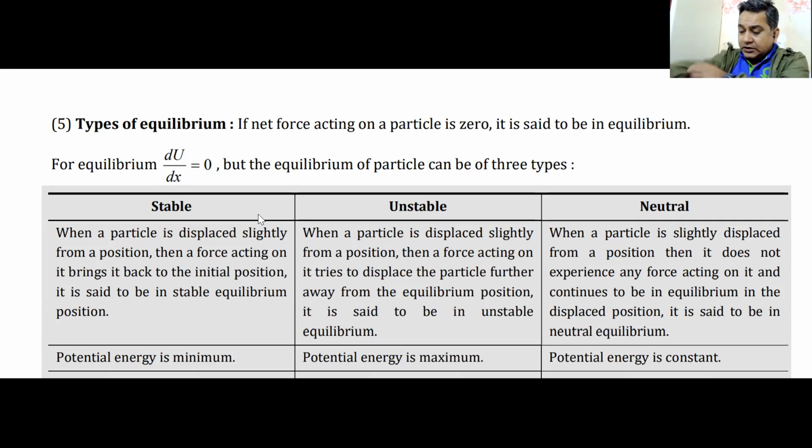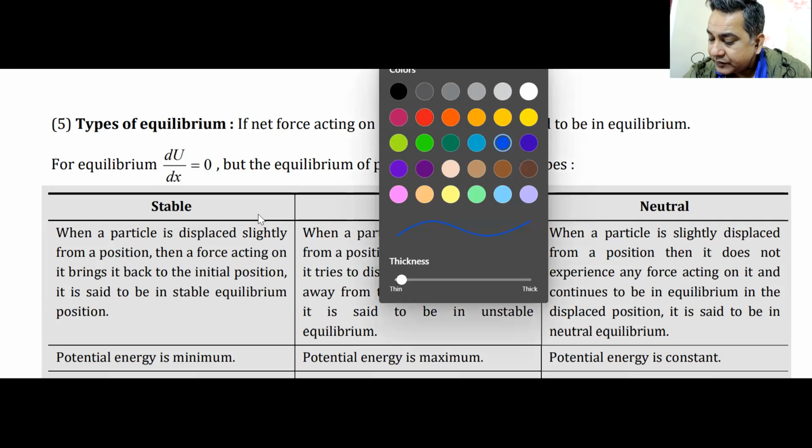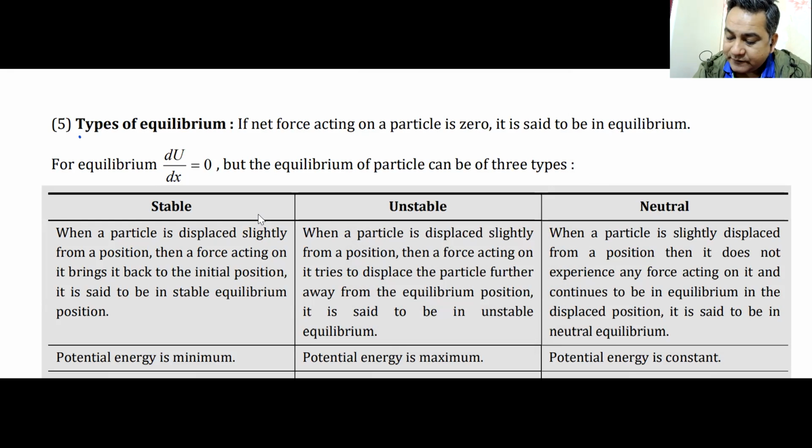So right now, types of equilibrium, that is what we were discussing that day. We have seen that there are three types of equilibrium. Now for any equilibrium to happen, whether it is stable, unstable, or neutral, one condition is common to all three.